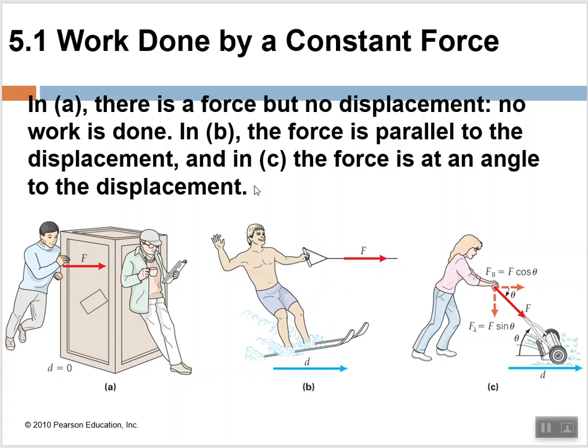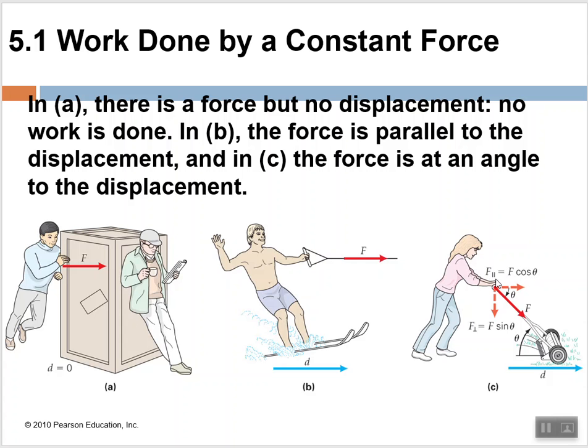But in C, the force is at an angle to the displacement. As you can see here, the lawnmower, a push mower, is being pushed to the right. So it's going to cover some distance, but she is pushing down. To find the component that is parallel to the distance, we're measuring from the x-axis, so it would be the force times the cosine of theta.